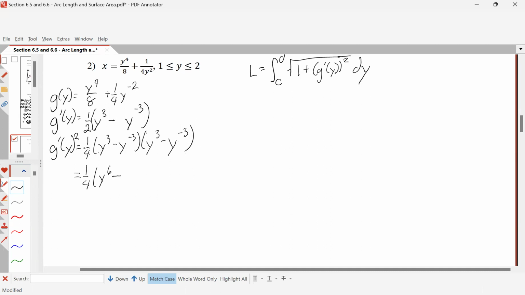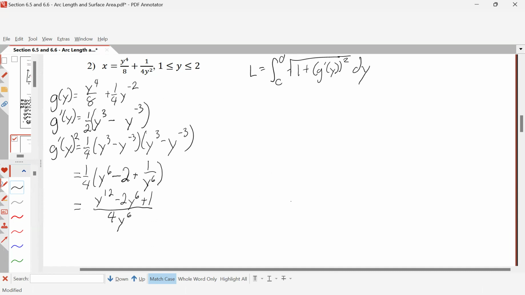So we have two of those from the outside multiplication and the inside multiplication, so we have -2, and then plus y to the -6, or 1 over y to the 6th. Giving this all the same denominator, we get y to the 12th minus 2y to the 6th plus 1 all over 4y to the 6th.